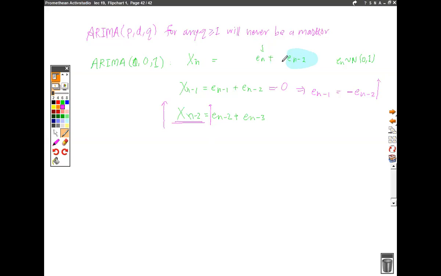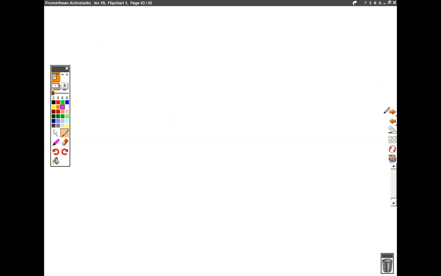And if this is a bigger negative number, then there will be a dampening effect on the value of xn that we're trying to figure out. So you see that because of the presence of the first lagged value of ε, you cannot say that this xn follows a Markov property. Now, let me show you a concrete example of how that is the case.